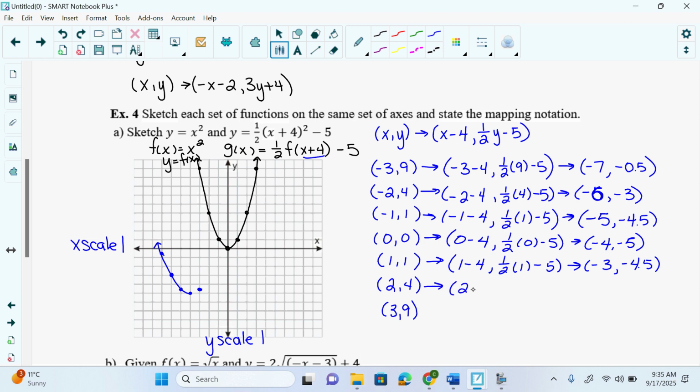So here I'm going to get 2 minus 4, comma 1/2 of 4 minus 5. So I'm going to get -2 and -3. And here I'm going to get 3 minus 4, 1/2 of 9 minus 5. Becomes -1 and -3.